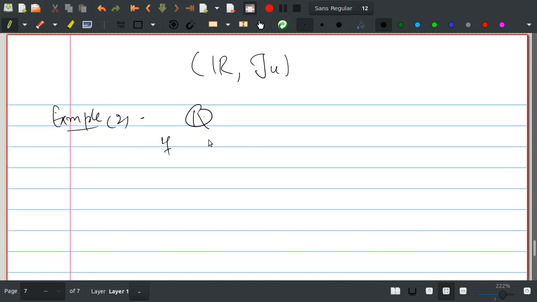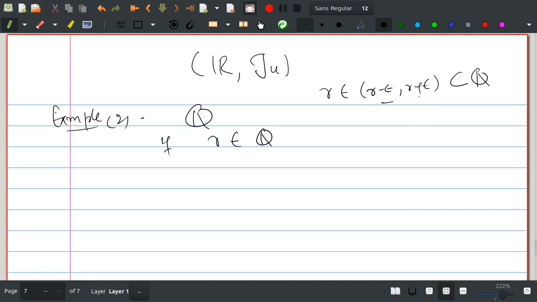If r is in Q, that is, r is a rational number, then there is no open interval which contains r and is contained in Q, because an interval contains both rational as well as irrational numbers.